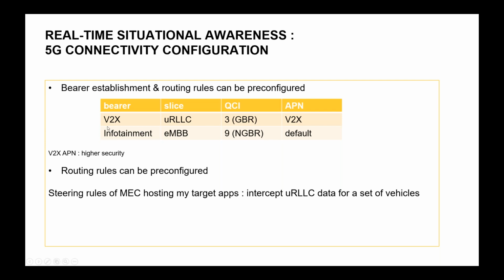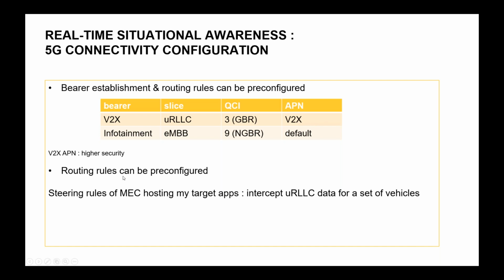And you may also negotiate with your telco to establish a second connectivity, which is targeting V2X, but call it as you want, which will be mapped on URLLC and will have a quality of service index of 3. It means that the latency will be 50 milliseconds with a packet error rate of less than 0.1%, and this connectivity could ideally be mapped on a dedicated APN, to improve the cybersecurity.